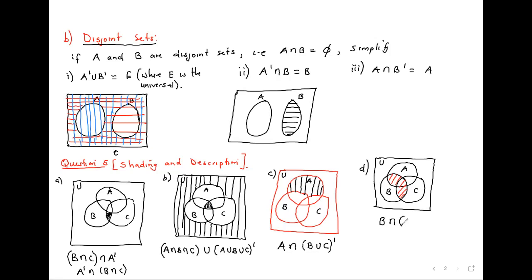Then B has shared its shading with A and with C. So we'll say A union C, everything in A plus in C, intersection what is in B. That's why this part of B with A with C is shaded, and part of B with A shaded. So unless we have questions.